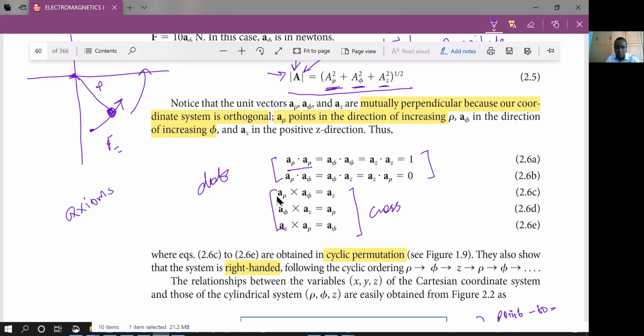A rho dot A rho is equal to 1. A phi dot A phi is equal to 1. And AZ dot AZ is equal to 1.